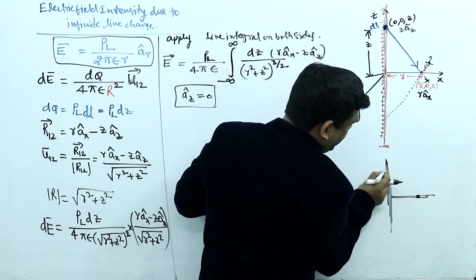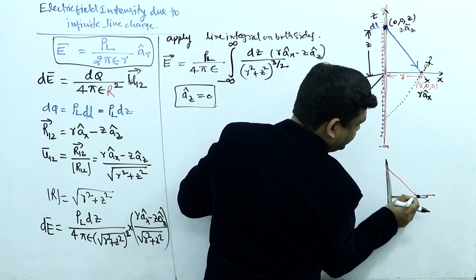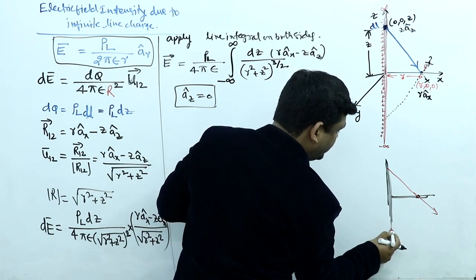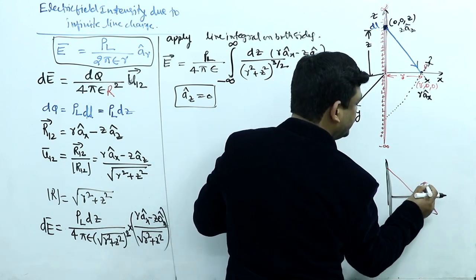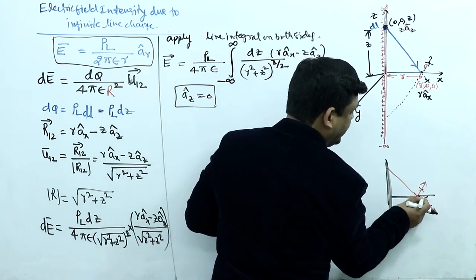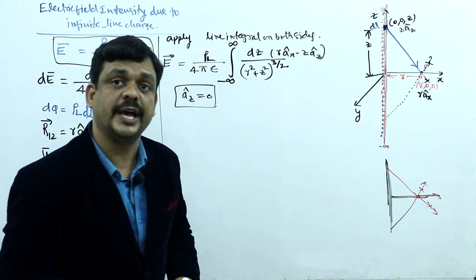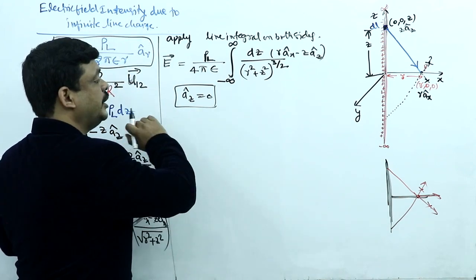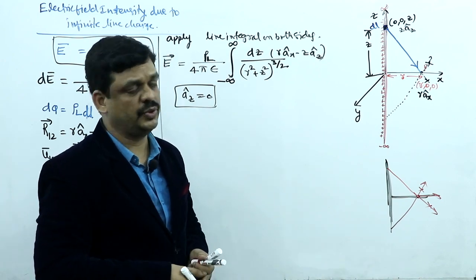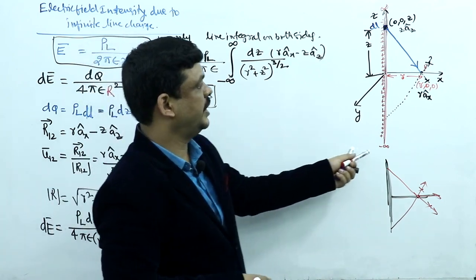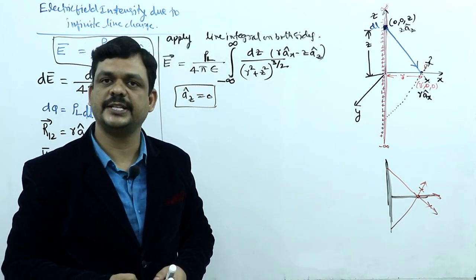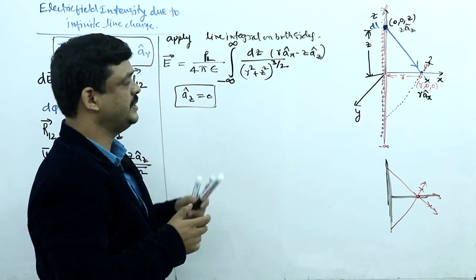The force on this point is in this direction, and similarly the force from the negative axis side is in this direction. Then these components cancel, and the resultant direction is the x direction. That's why the z direction representation is not required, it is 0, because the line charge is placed on the z axis, so it does not give a z component. So the az part is 0.